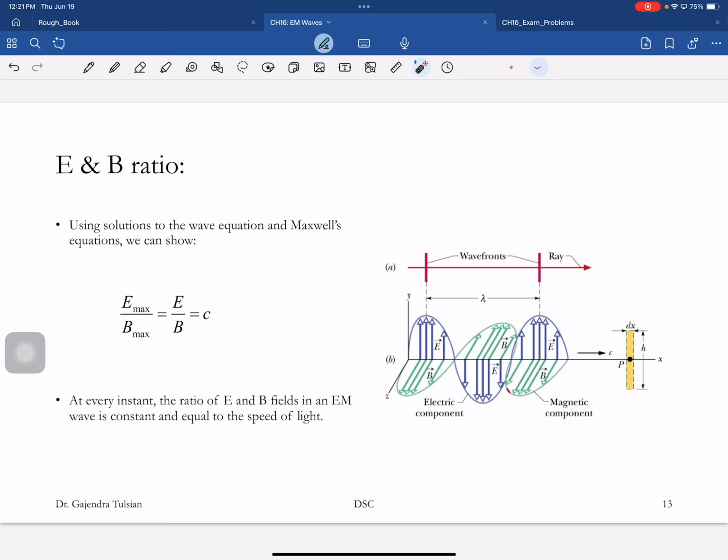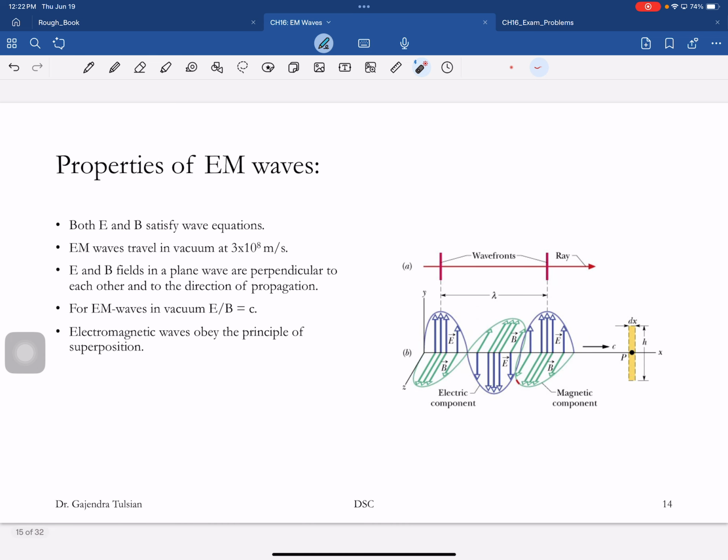At any given location, for a plane wave, the ratio of the electric field to the magnetic field is equal to the speed of light. So at every instant, the ratio of E and B field is constant and equal to the speed of light. Both E and B satisfy the wave equation.